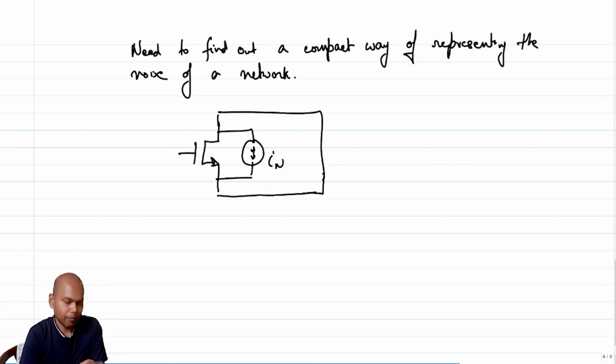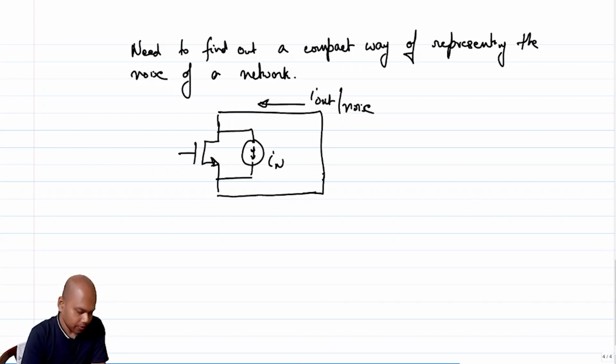I'm not showing biasing. It is assumed that things are biased, right? So I'm interested in this I out, and I'm interested in the I out noise, okay?